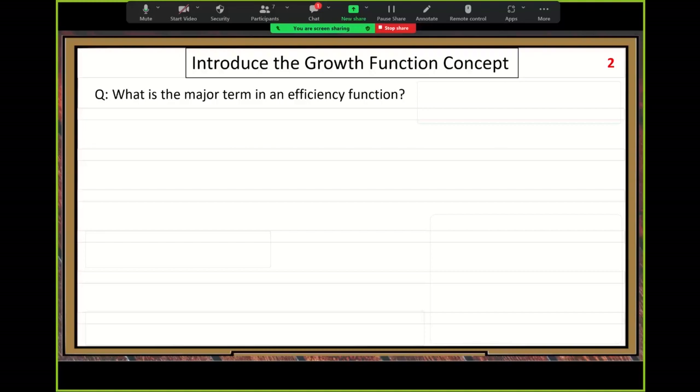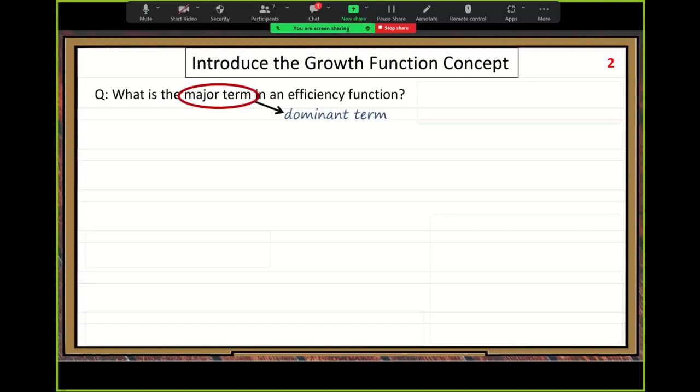What is the major term in the efficiency function? I just mentioned that dominant term before. So this time we need to look at the dominant term and how to simplify the original efficiency function.